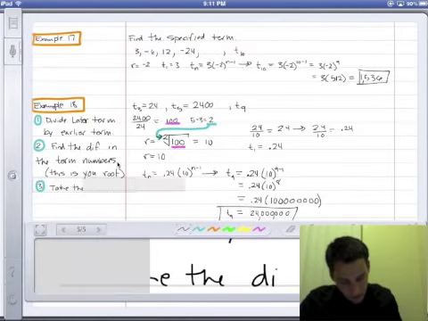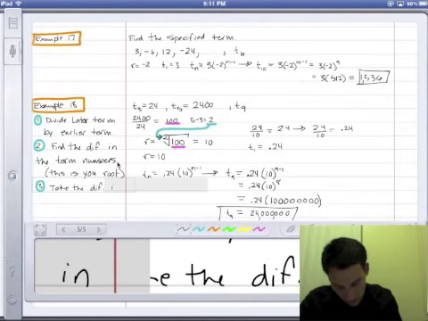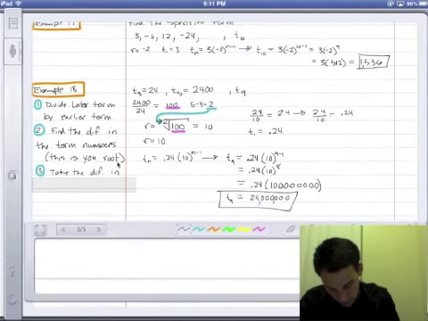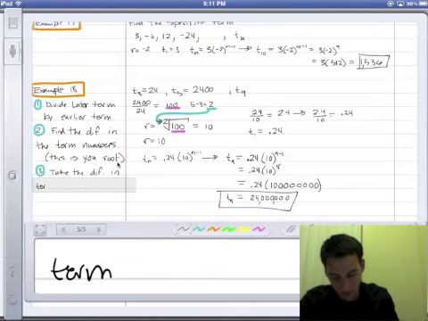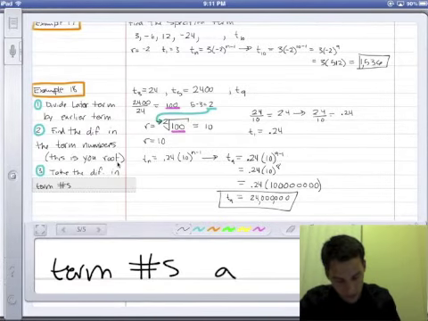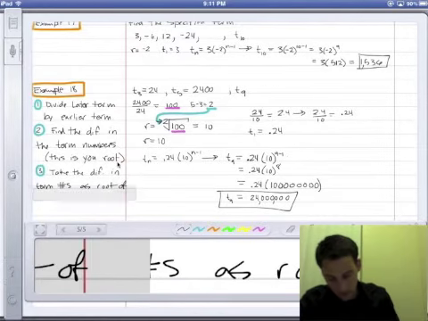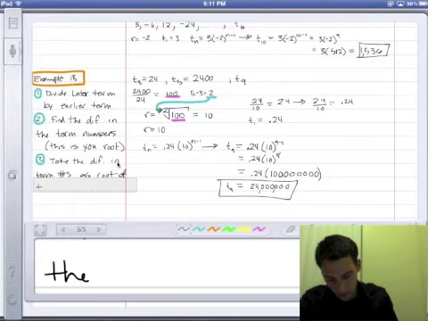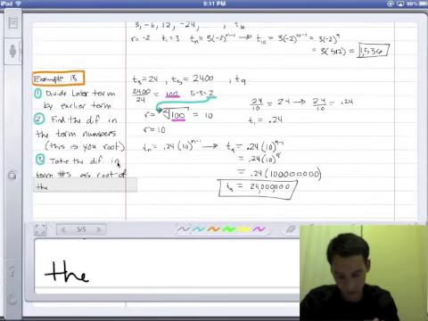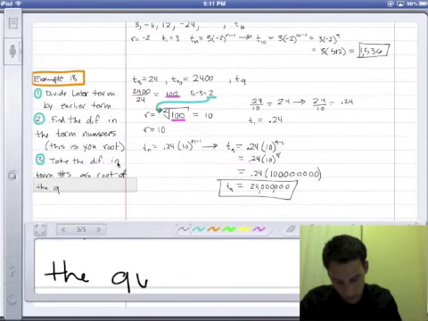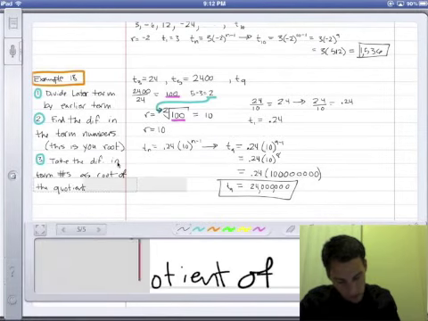Take the difference in term numbers as root of the quotient of your terms.